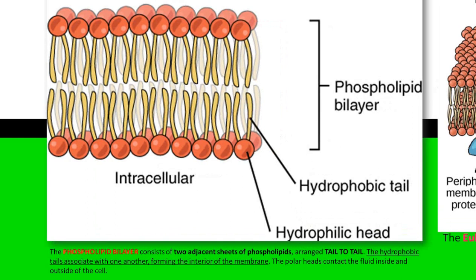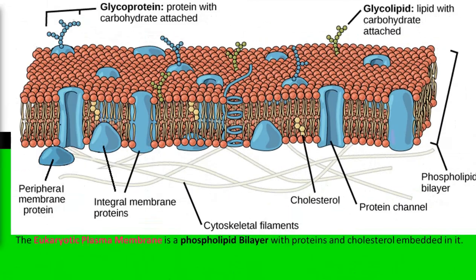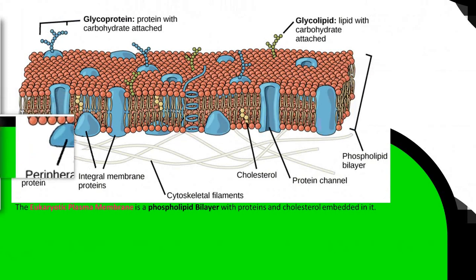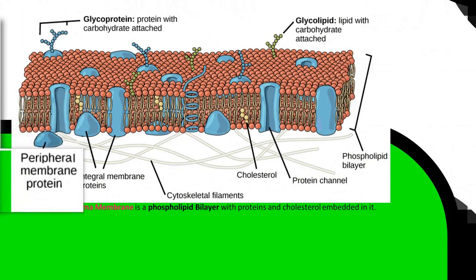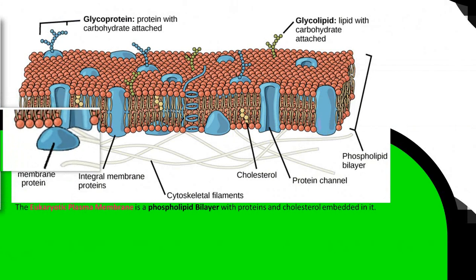Usually this is with hydrophilic head as well as hydrophobic tail regions. These hydrophobic tail regions are present inwards. Then if you look at the proteins also, this is the typical arrangement of the plasma membrane. Here we can see both peripheral and integral proteins. The peripheral proteins are attached to, or present on, the surface of the plasma membrane.